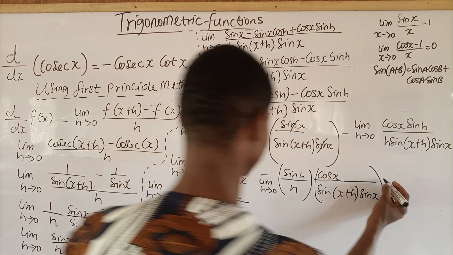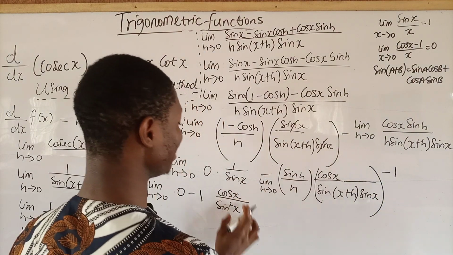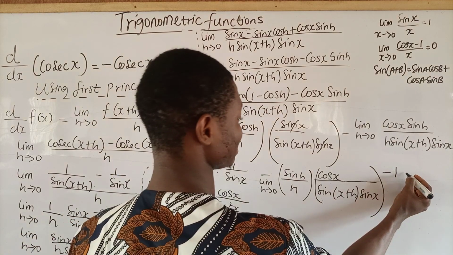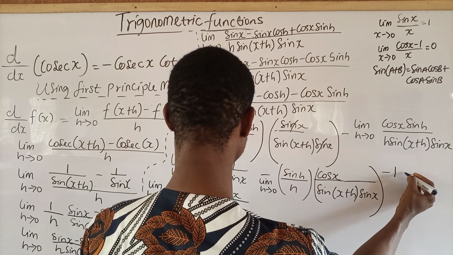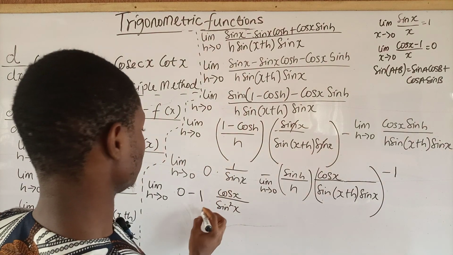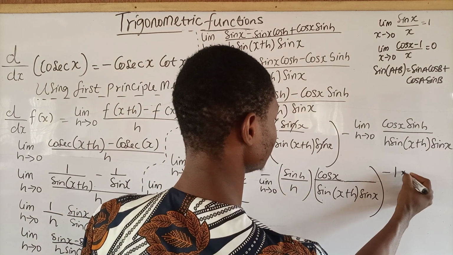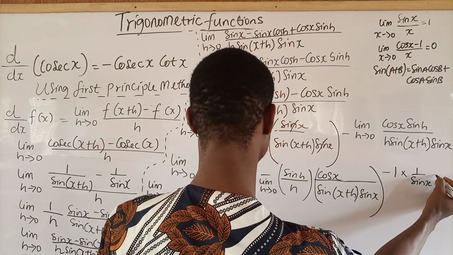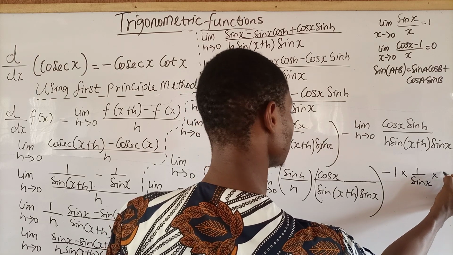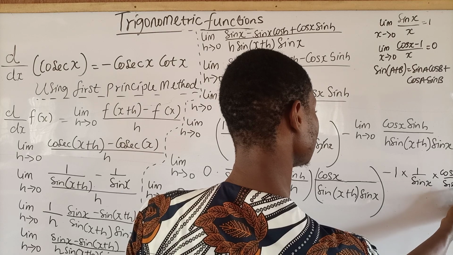We're going to have minus 1 times cos x over sine squared x. Can I write it as 1 over sine x times cos x over sine x?